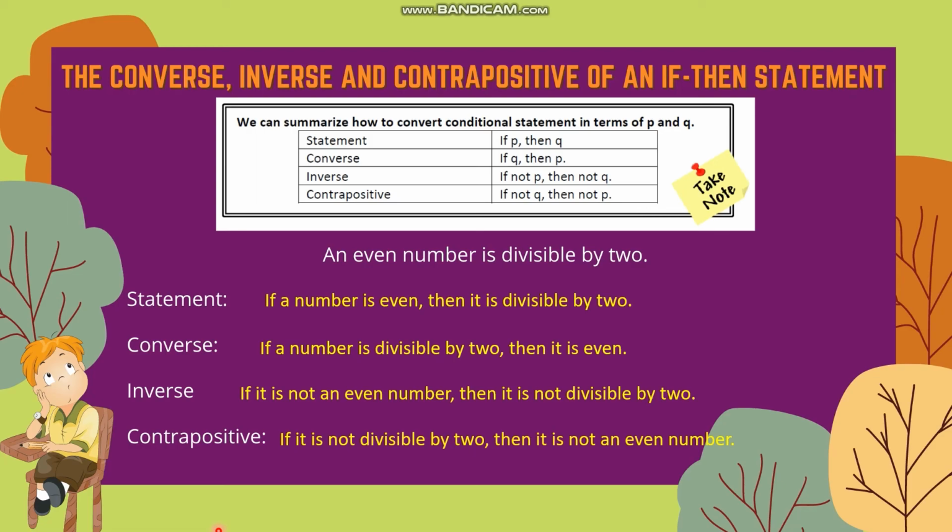So, if it is not divisible by 2, okay, nabaliktad na. Tapos, meron siyang not. Then, it is not an even number. Okay, so yun yung pinagkaiba ng if-then statement, converse, inverse, and contrapositive.